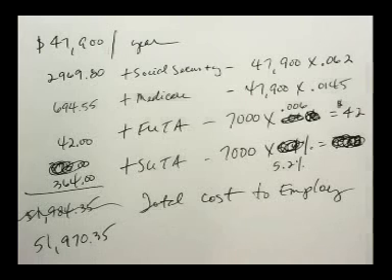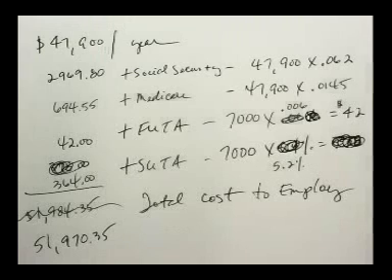Did you get $2,720.20? On what, on SUTA? I got 40... wait a minute, I did something wrong. Not 7,000, sorry. I got $406. Yes. And FUTA will be $42.